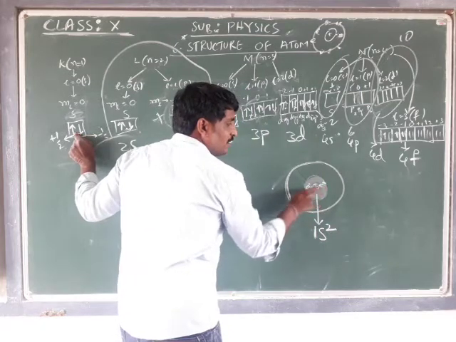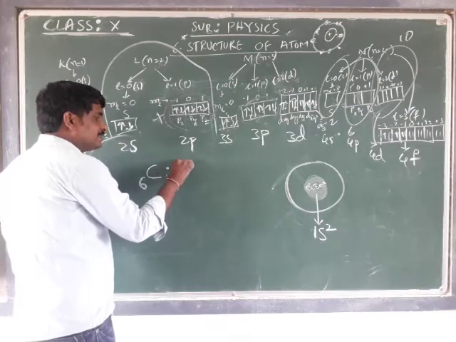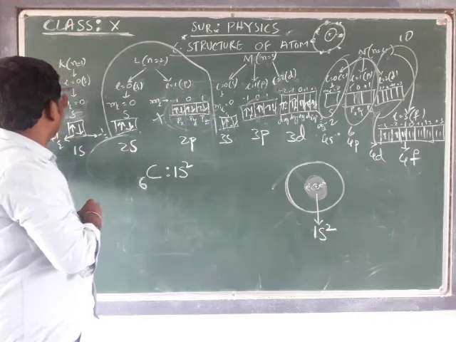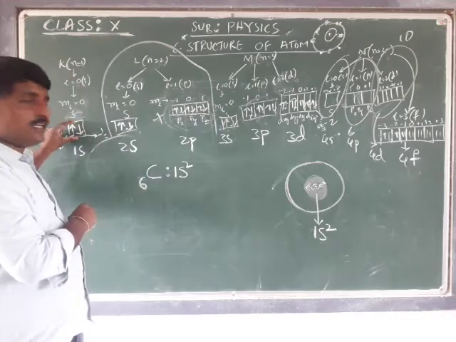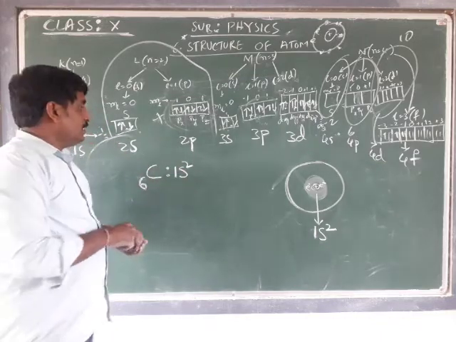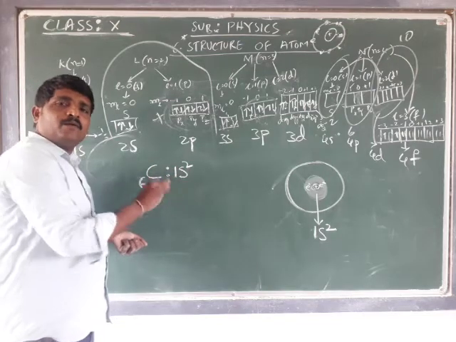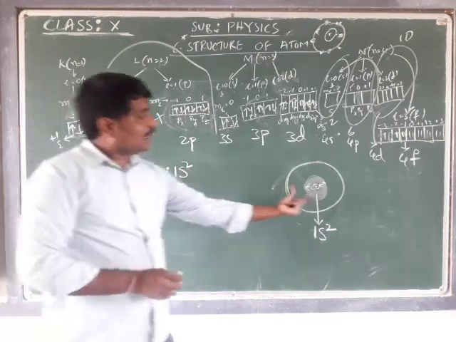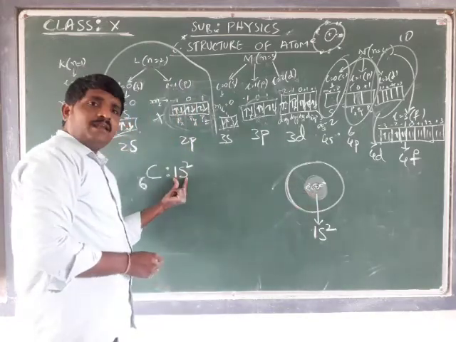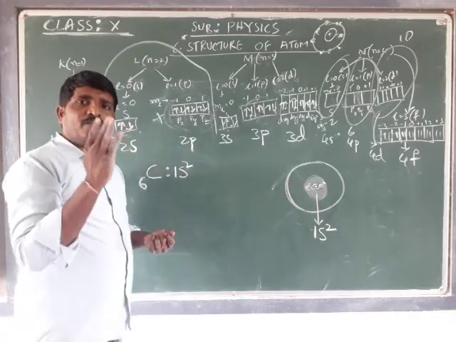So the distribution is 1s2: first shell, S subshell contains one orientation which can fill only 2 electrons. Now from the 6, if 2 electrons go, how many electrons will be remaining? 4 electrons.